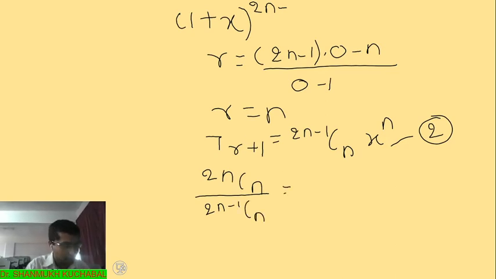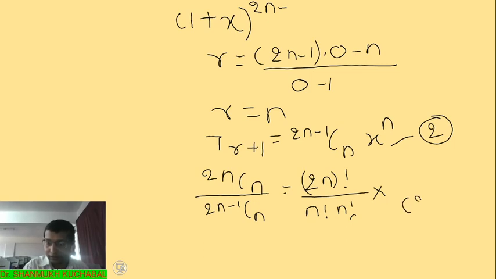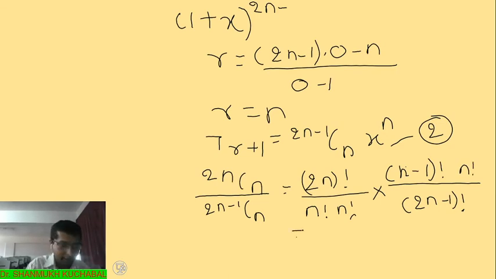On simplifying, we get n factorial into n factorial into 2n minus 1 factorial, with 2n factorial shifted to the numerator, divided by n minus 1 factorial, n factorial. If you simplify, we get 2n divided by n.